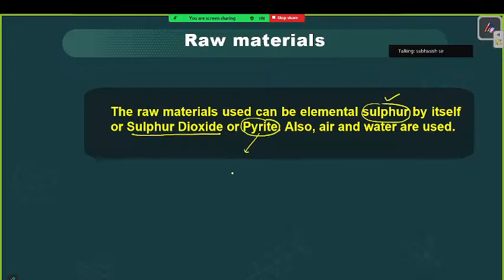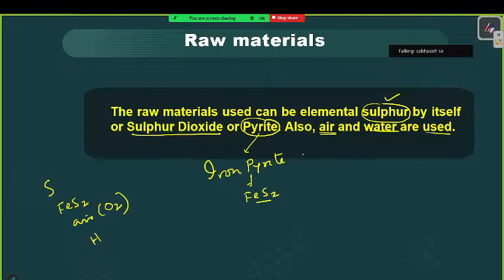Pyrite means iron pyrite, having formula FeS2, and also air as the source of oxygen, and water are used. So sulfur, iron pyrite, air for oxygen, and water are the raw materials used in the contact process for the preparation of sulfuric acid.